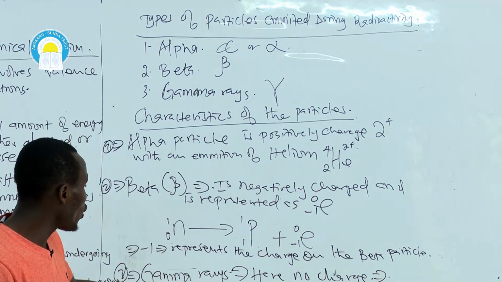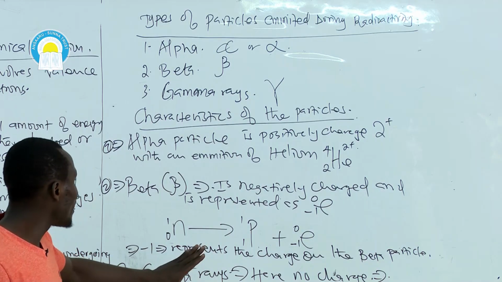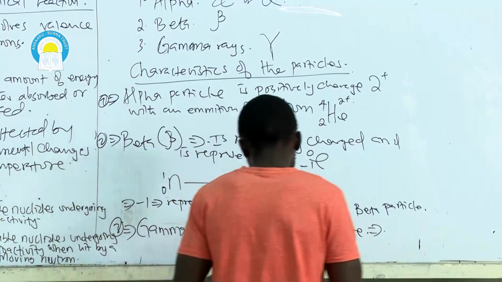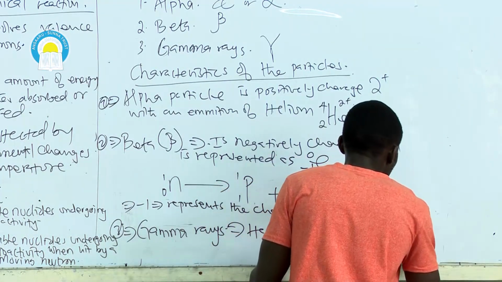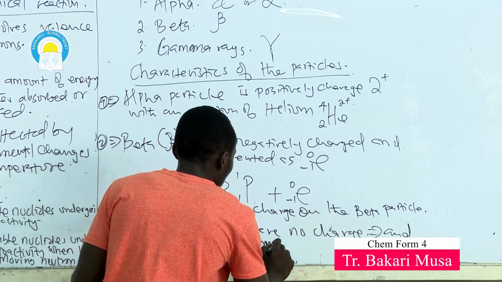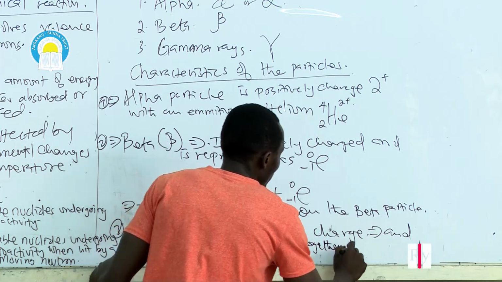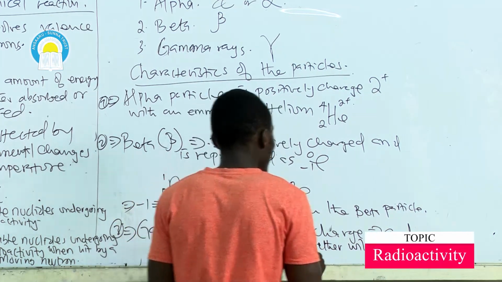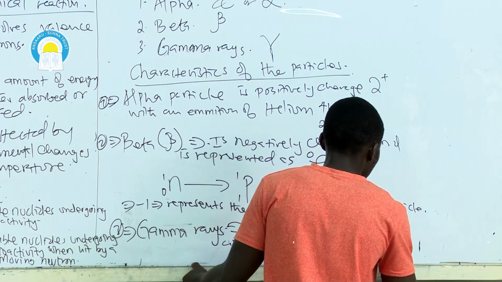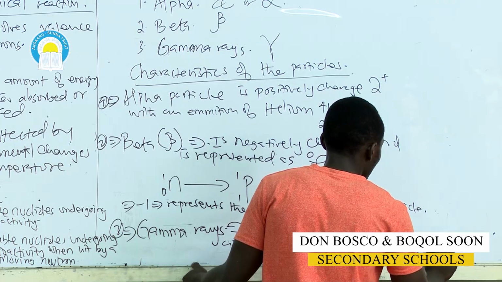during the emission of the particles, gamma rays are being emitted together with the beta and the alpha particles. So we say they have no charge and are emitted together with beta and alpha particles.